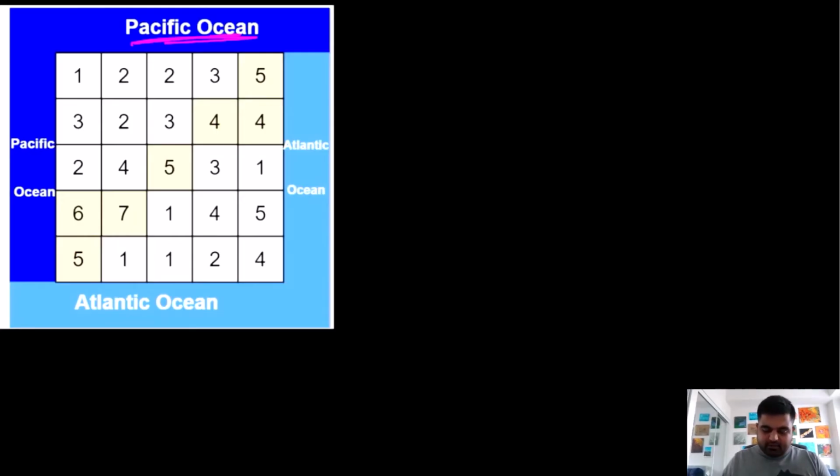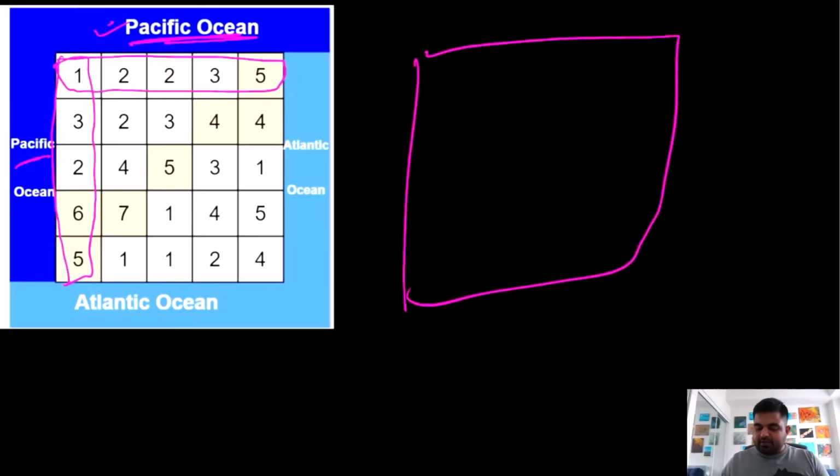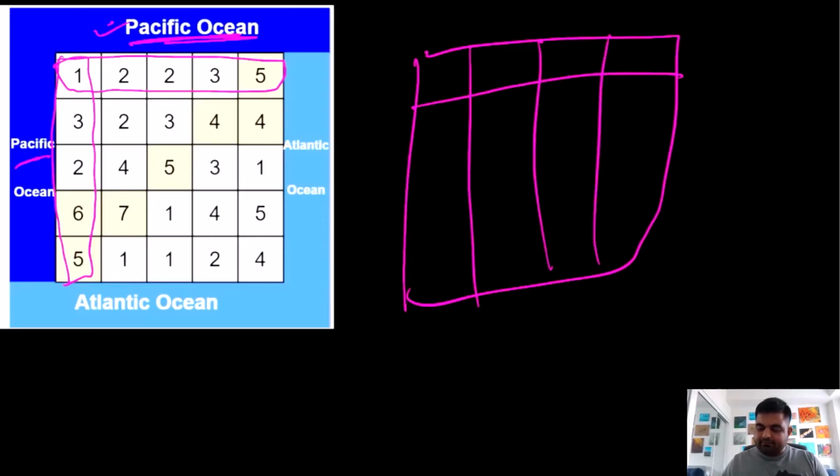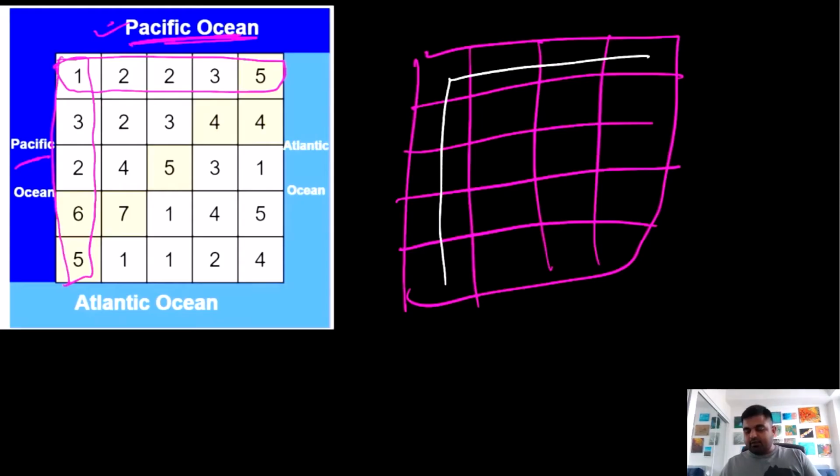Well, we know that for this particular island, all the cells that are present in this row and all the cells that are present in this column are actually at the edge of the island. Also, they are very adjacent to Pacific Ocean, which means all the water in these positions can actually reach Pacific Ocean in all the cases. So in our matrix, we can basically define all the elements in these positions as true, because we know that they can reach Pacific Ocean.